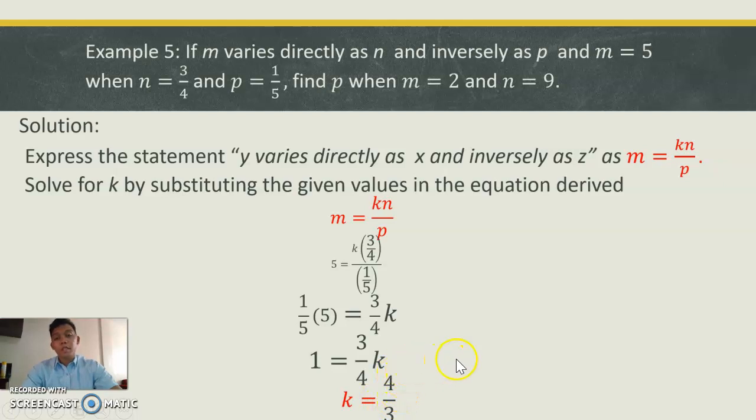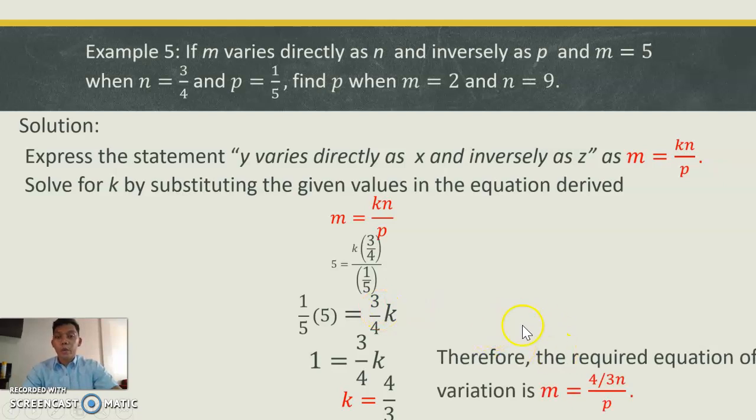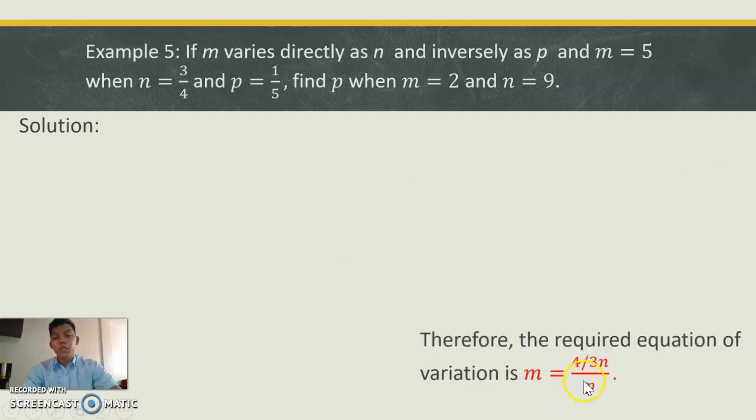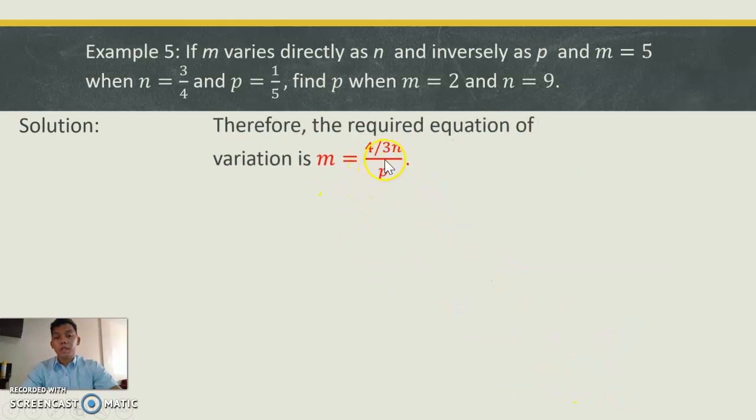Since our k is 4/3, we can say that our equation is m equal to 4/3 n all over p. So we're going to use this equation in this case, and then just replace m and n to find p. So our m is 2 and n is 9.